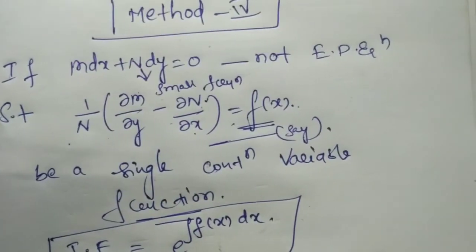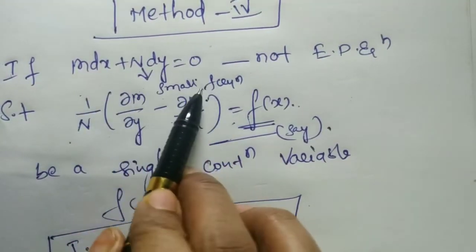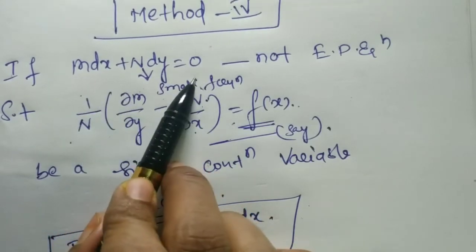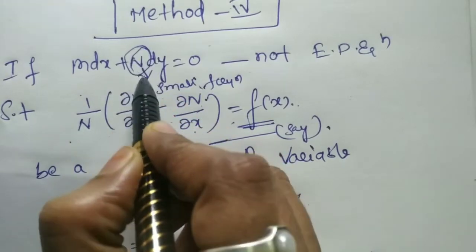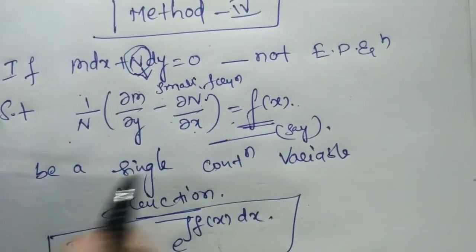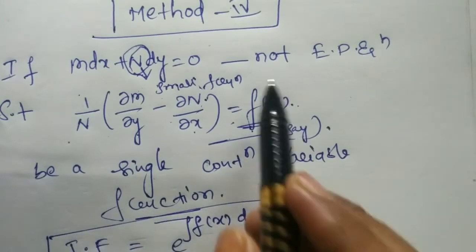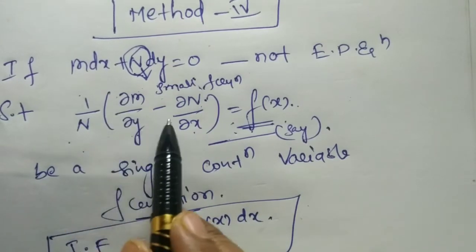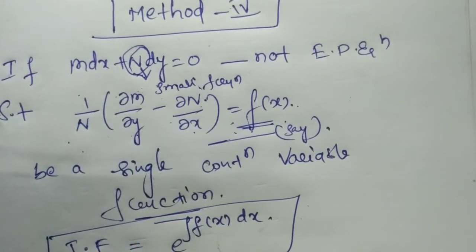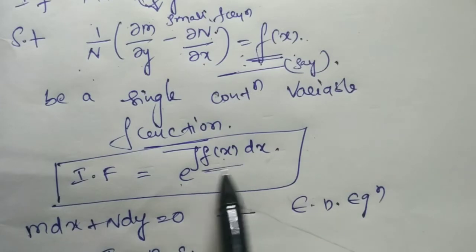First check whether M dx plus N dy is exact or non-exact. If the function is non-exact, and in this method N is a small function, and f of x is a continuous single variable function, and f of x equal to 1 by N of (∂M/∂y minus ∂N/∂x), the integrating factor of this method is e power integration of f of x dx.